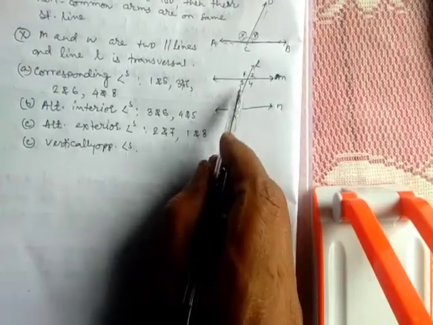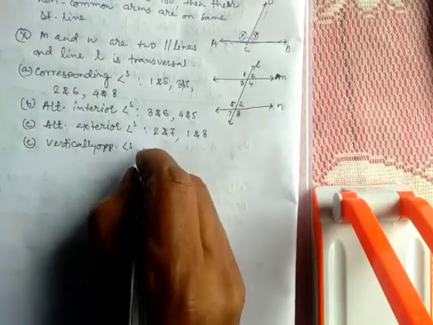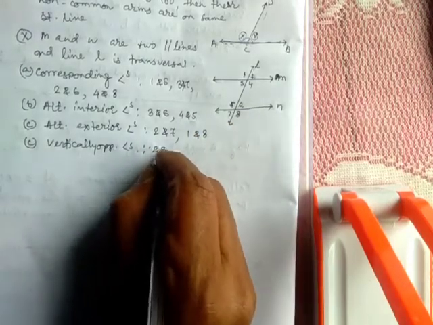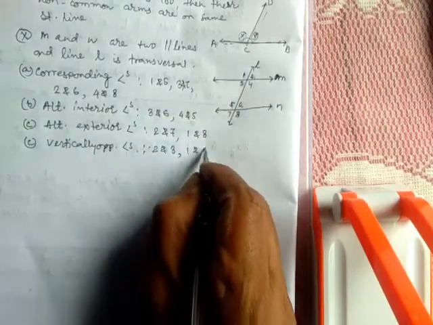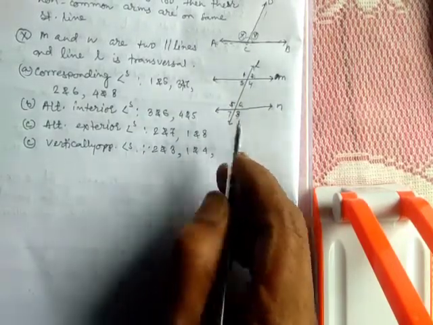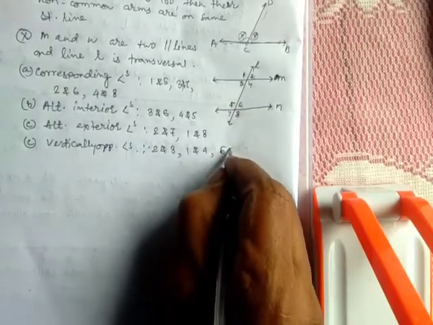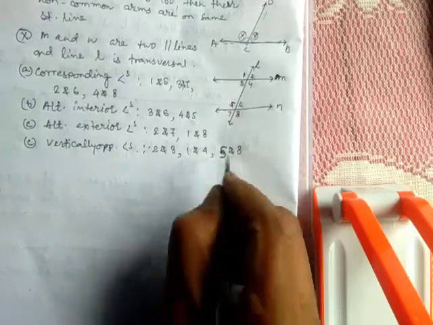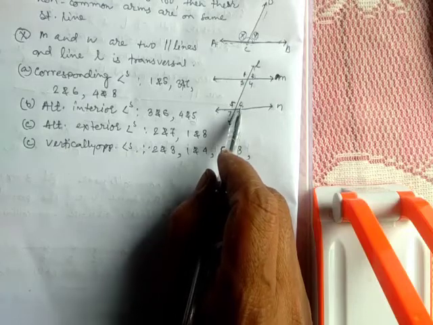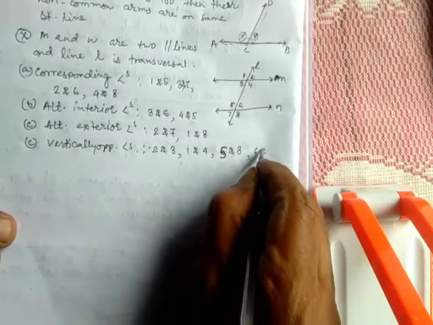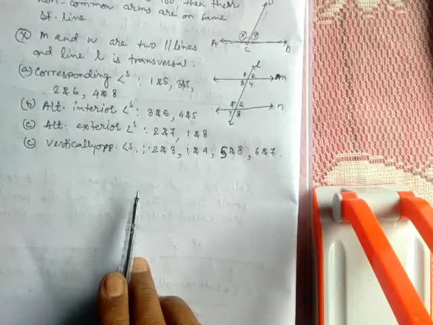Vertically opposite angles. 2 and 3, see, they are opposite to each other. 1 and 4. 5 and 8. Then next, 6 and 7. So these are vertically opposite angles.